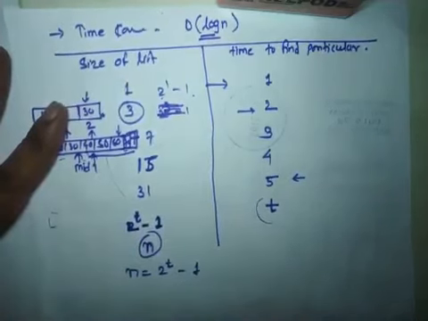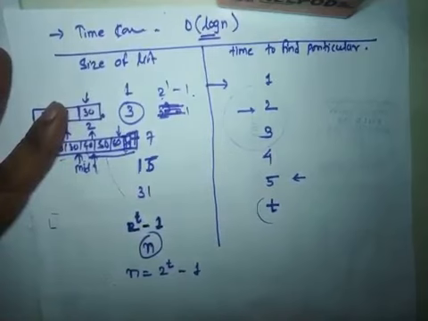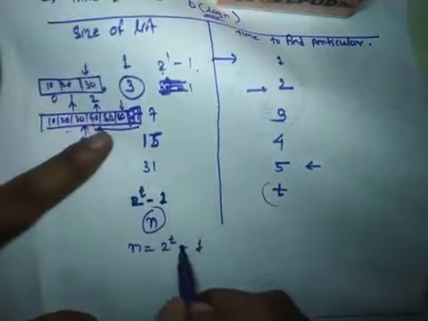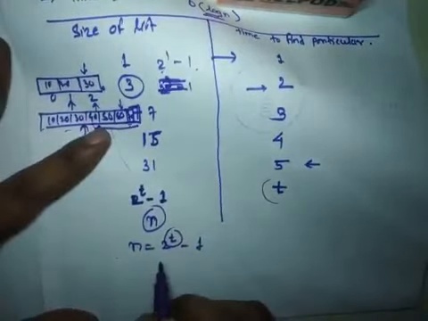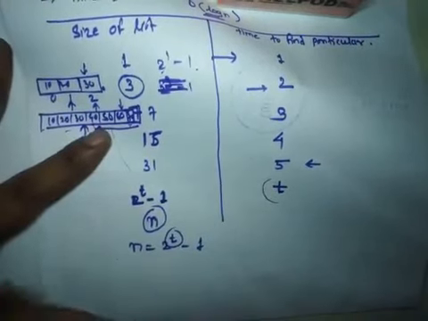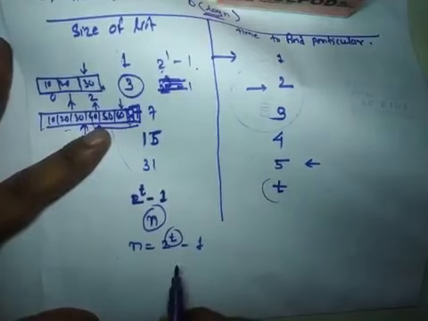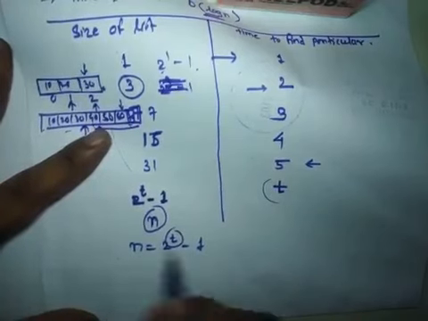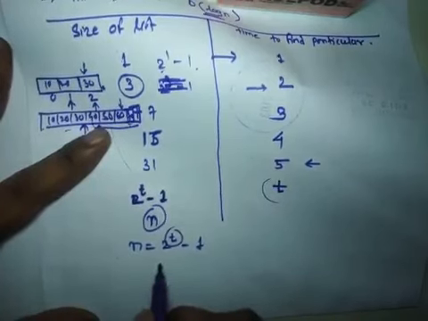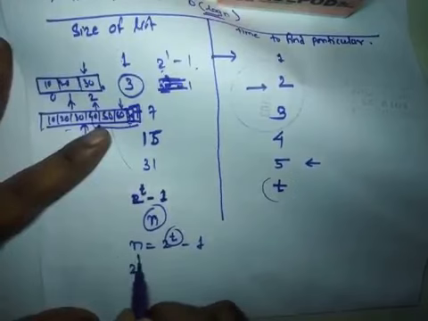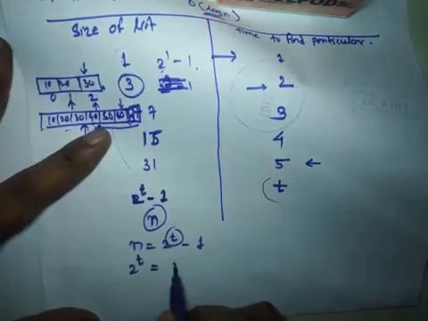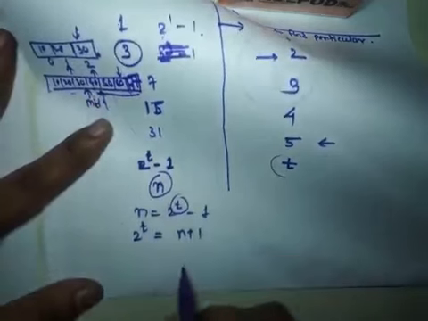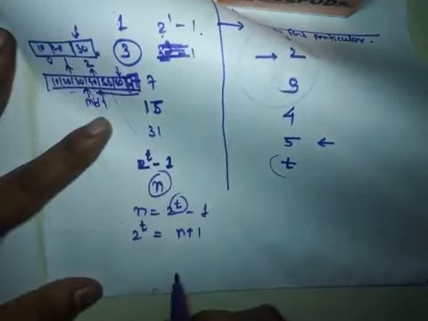Very simple. Now to solve this, we want to find this t. This 1 will come to the other side, so I get 2 raised to t is equal to n plus 1.